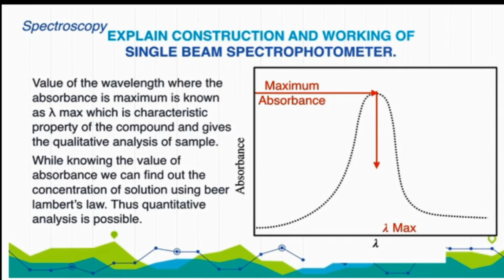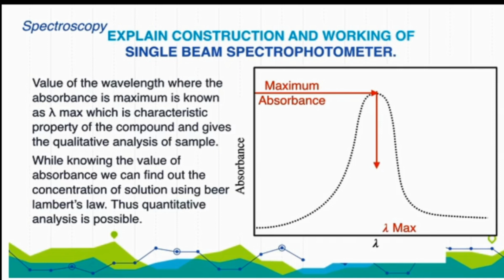Using that value, we can understand the concentration, because with respect to that yellow color we know standard values for concentration. A set of standard values is there. So by comparing the obtained value with the standard value, we can understand the concentration also.